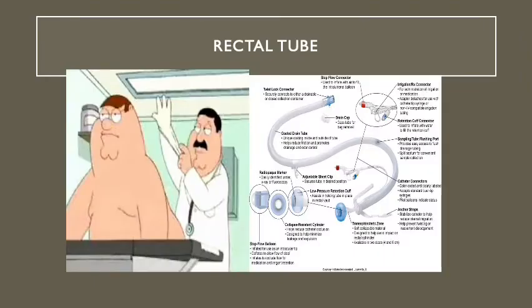Okay, so with constant oozing of stool or constant seepage of liquid stool, if there's not an impaction, and it is a true diarrheal illness, particularly in acute care and critical care areas, the patient may have a rectal tube placed to divert the liquid stool into a collection bag.